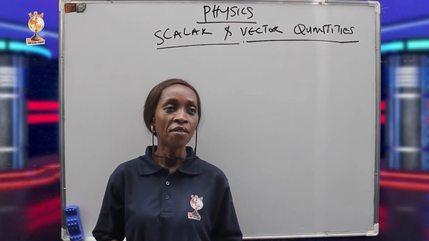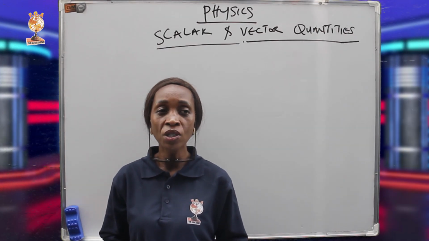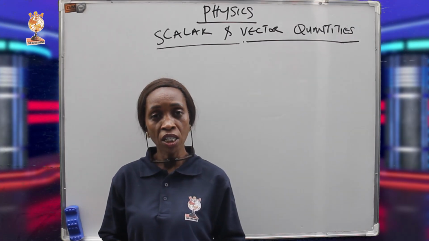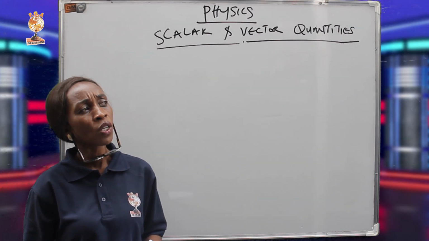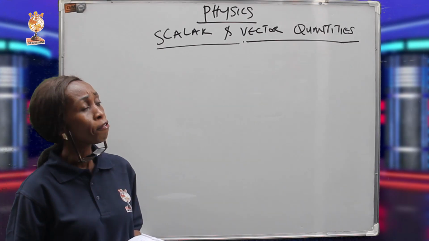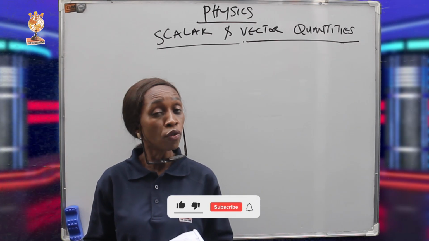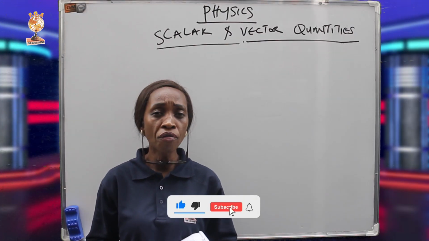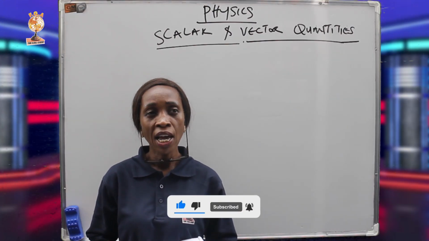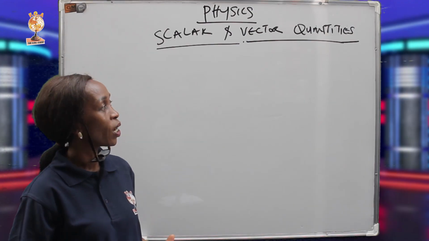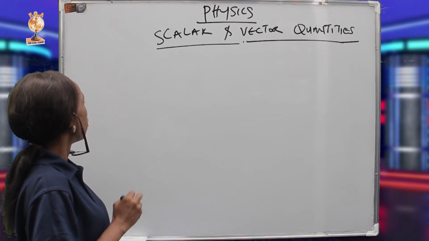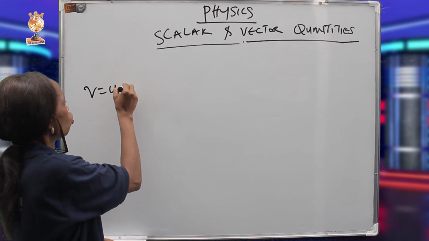Remember, I've said it so many times that symbols are very, very important in physics. Then we went on to talk about the four equations of motion, which we proved in our last class. Equation 1: v equals u plus at.